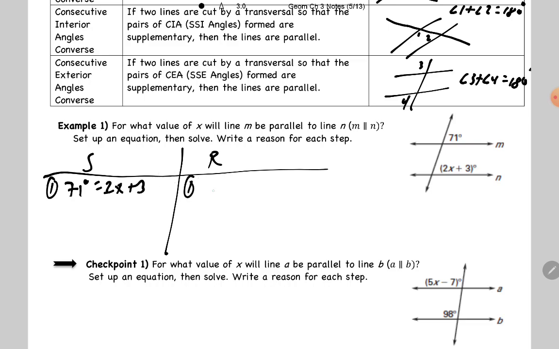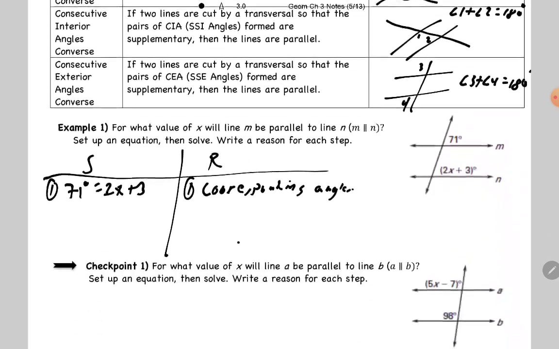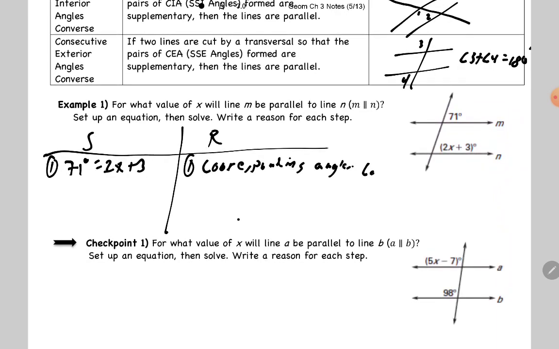Why? Because they are corresponding angles converse. Okay. 2.